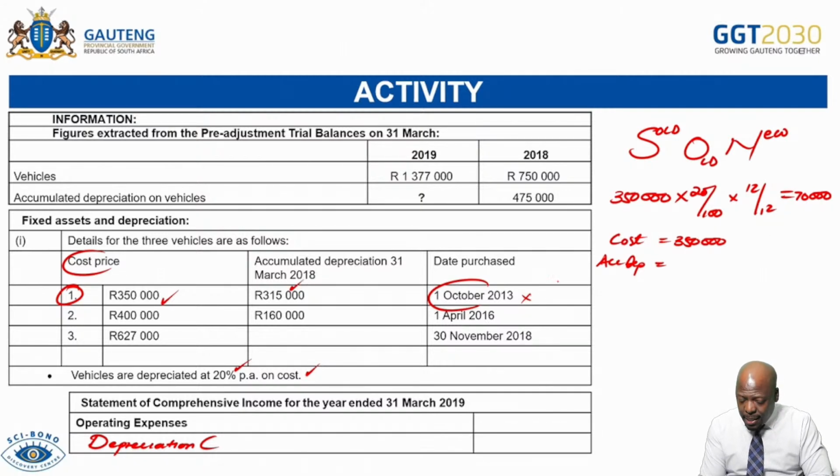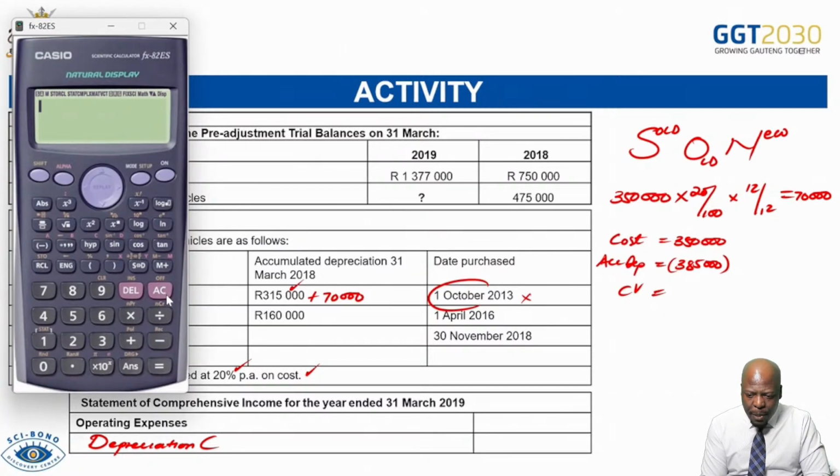Then I'm going to add that 70,000. How much is that? 315 plus 70 is 385,000. That will give me my carrying value. Let's bring it on to the adding machine. It will be 350,000 minus 385,000.